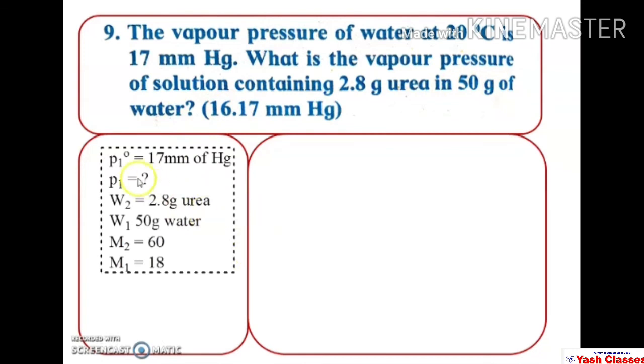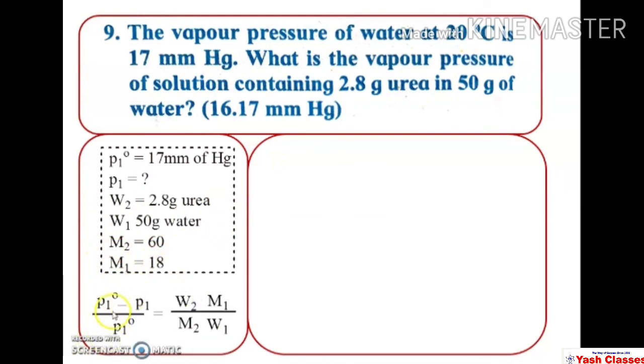Now given data, vapor pressure of solvent in pure state, actually solvent is water, so vapor pressure of water in pure state is given 17 mm of mercury. Partial pressure we are going to calculate. So weight of solute is given 2.8 gram, weight of solvent is given 50 gram, that is water, molecular weight of urea is 60 gram, and molar mass of water is 18 gram.